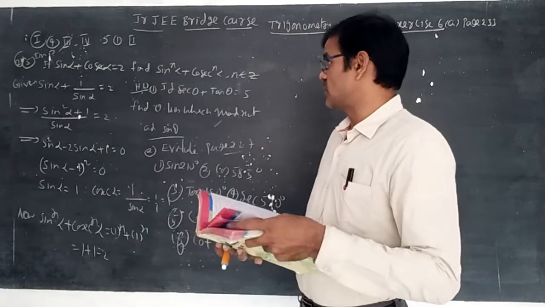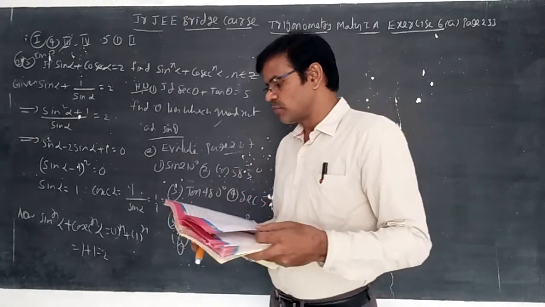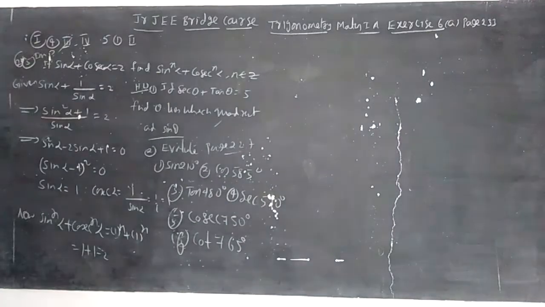Now let us calculate Roman number 2, page number 233, exercise 6A.